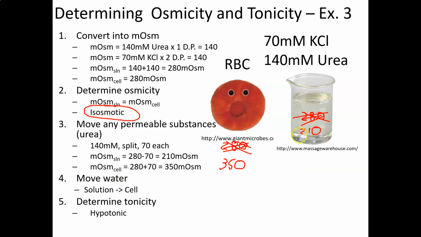I just draw an arrow from the smallest to the biggest number, which in this case would be to the 350. So water is going to move into the cell. When water moves into the cell, it gets larger. Cells get larger in a hypotonic solution. So you should be able to do those problems pretty easily in terms of the cell.